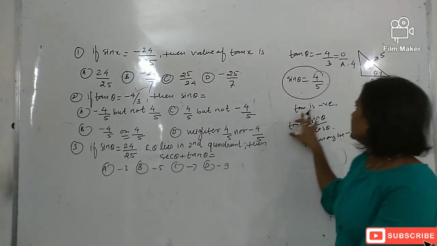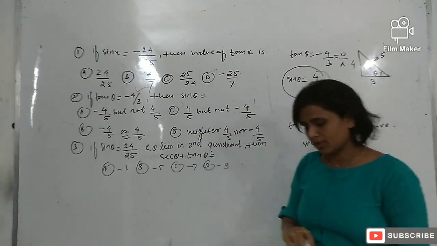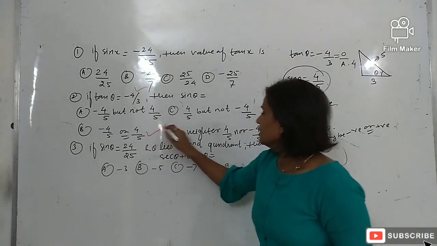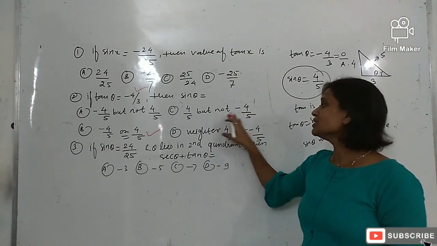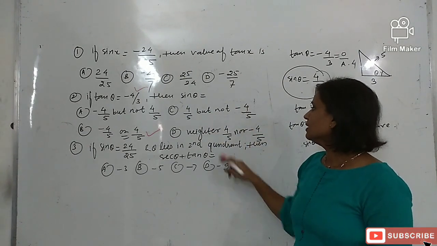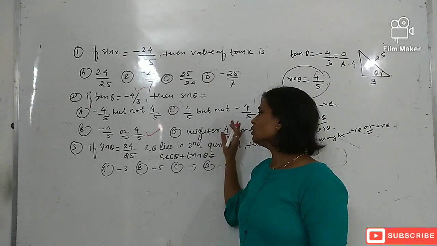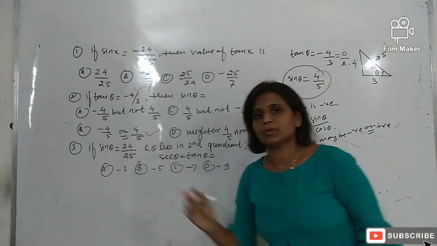So the value of sin theta may be plus 4 by 5 or minus 4 by 5, so this option is absolutely correct. Option C is 4 by 5 but not minus 4 by 5, again a wrong option. Neither 4 by 5 nor minus 4 by 5 is also a wrong option. So the correct option is minus 4 by 5 or plus 4 by 5.